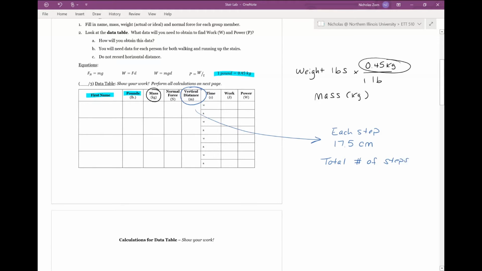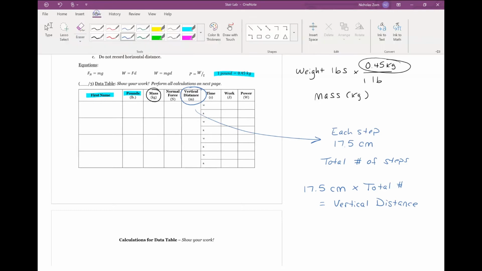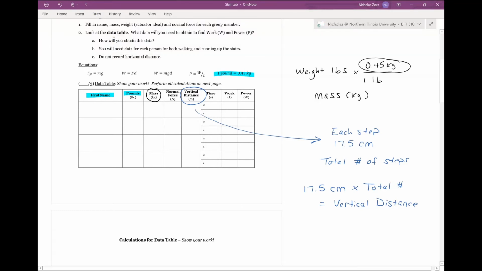We're going to take the 17.5 centimeters for each step and multiply it by the total number of steps, and that will give us our vertical distance. In the actual lab, we're going to be collecting data. We need to find times for walking and running for each group member.